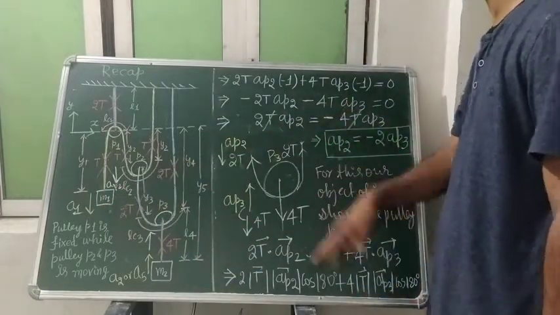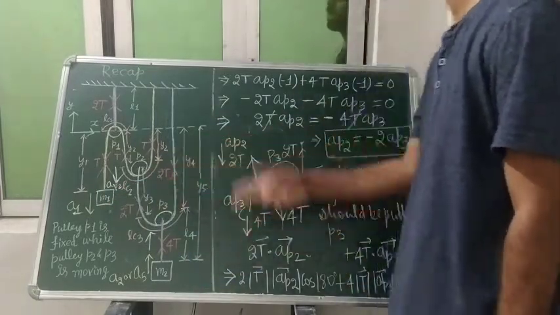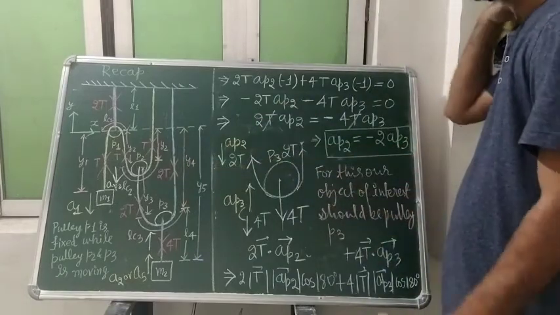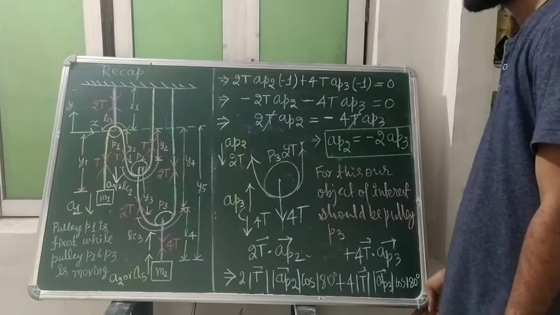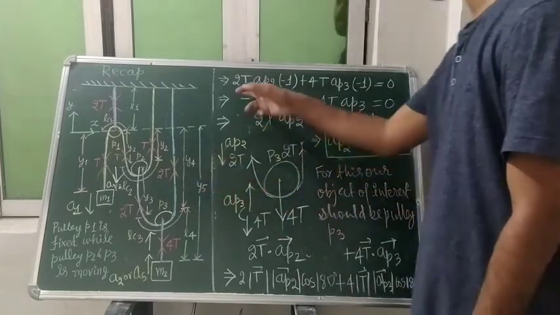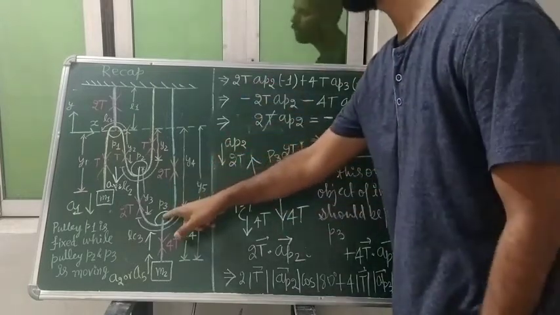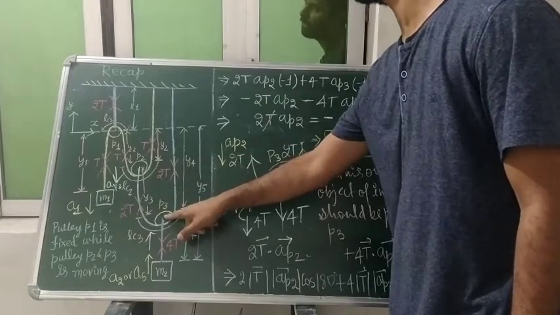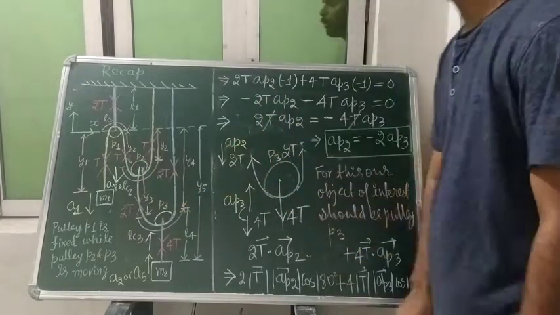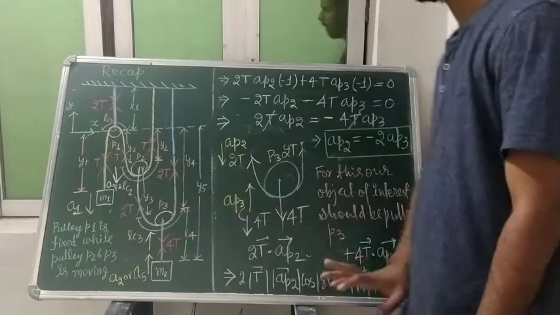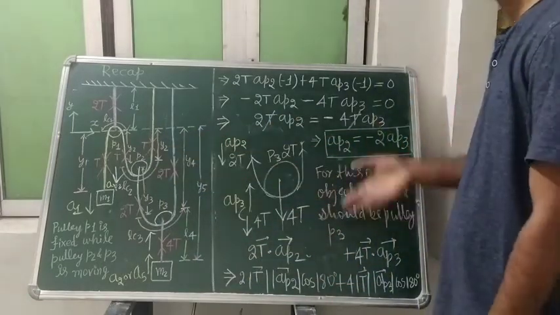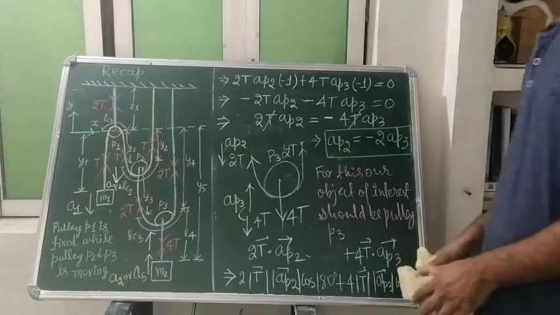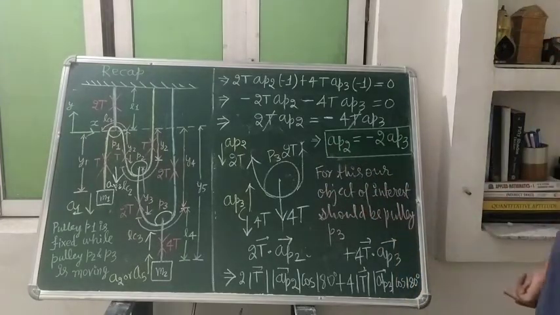They are not going to ask how the pulleys are related to each other, and if they are asking, then I have told you, listen, for this kind of situation, if you want to know the acceleration of this pulley P3 with respect to P2, your object of interest will be this, not this, otherwise things are going to come out wrong. You can check that.